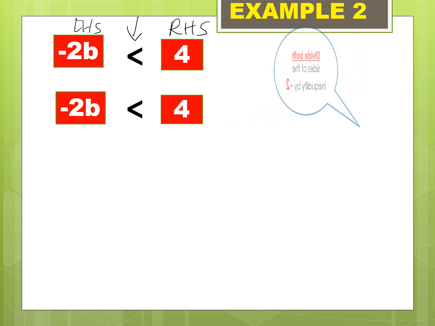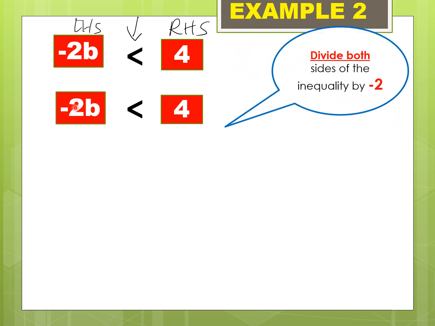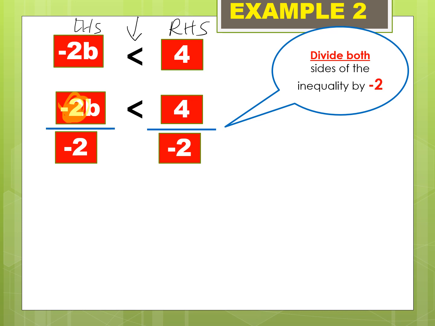So what we're going to do here is, again, this is our term, negative 2b, and we're going to divide both sides of the inequality by the number in front of b, which is negative 2. Then we're going to cancel the 2's. The negative sign will also cancel. 1, 1. Negative 2 and 4.